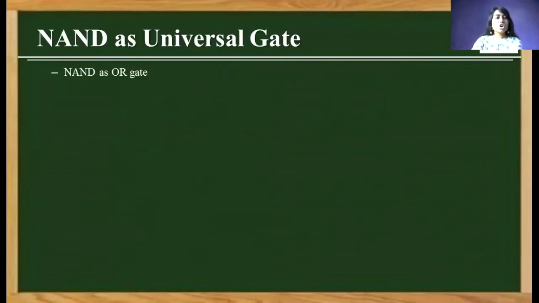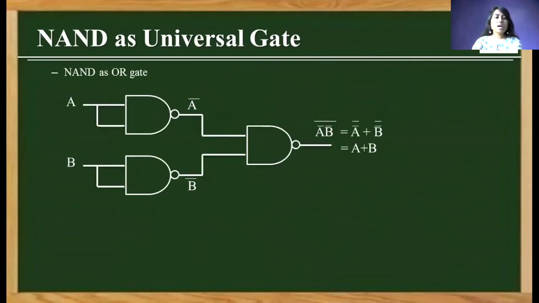NAND as an OR gate. Here is the graphical representation. To implement an OR gate, we use 3 NAND gates. Here the first NAND gate is used to invert A. So here we have A dash, then we have B dash. Now these both are given to another NAND gate.